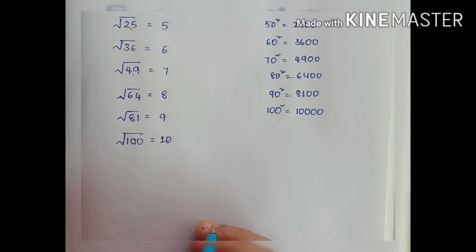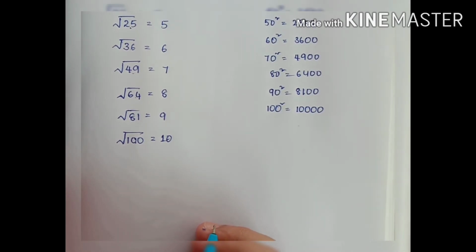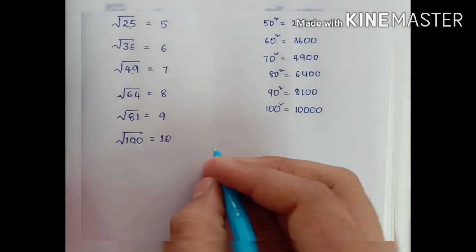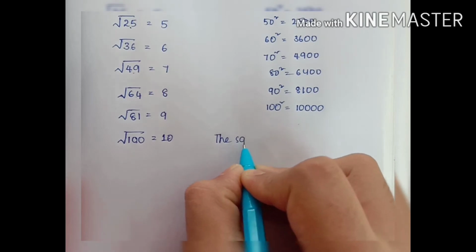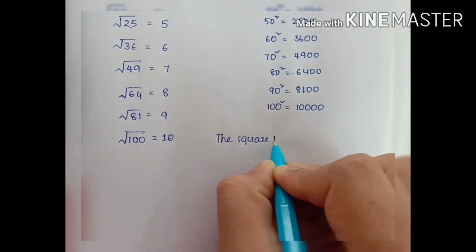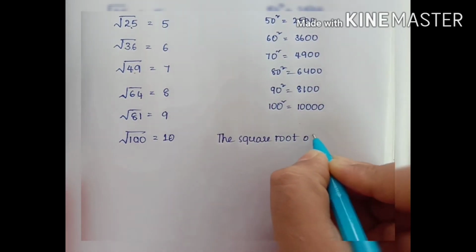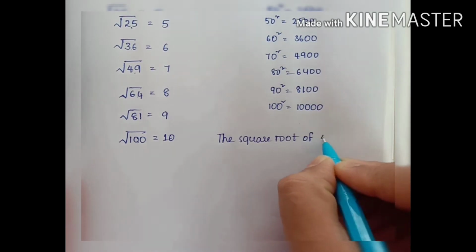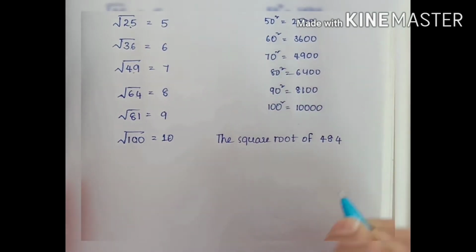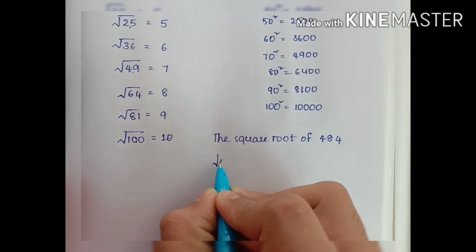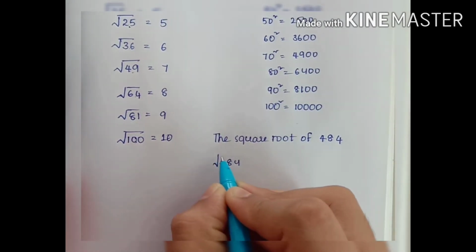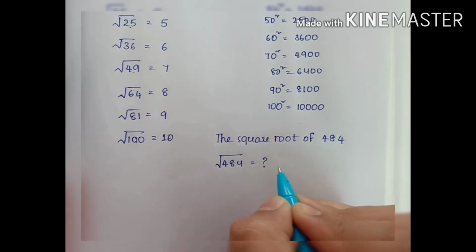Now, let's come to some examples. Let's take an example. We need to find the square root of 484. That means square root of 484 is how much?